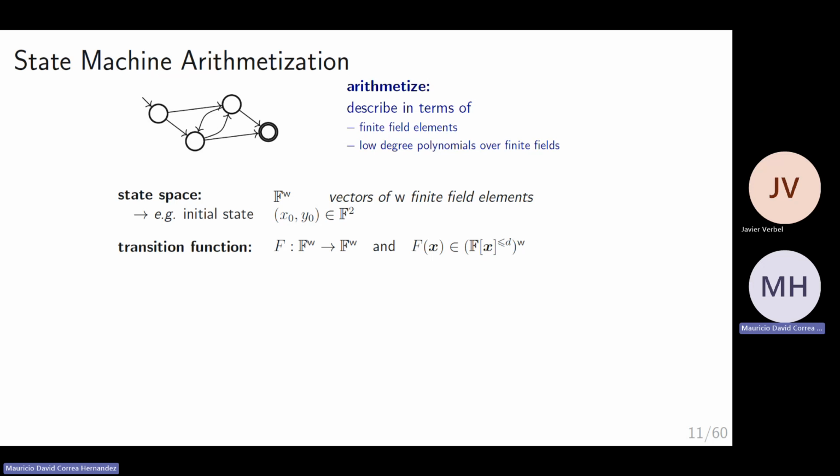All right, so the transition function, for instance, could be, continuing this particular example, it has to send 2 elements to 2 elements. So it is a vectorial function that operates on x and y and spits out 2 new values. For instance, 1 plus xy and x squared plus y squared.